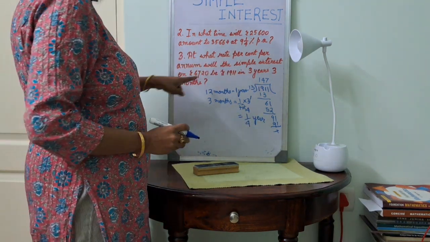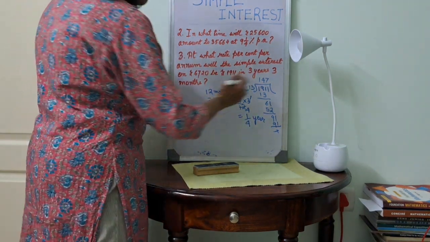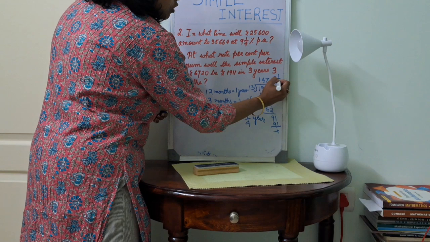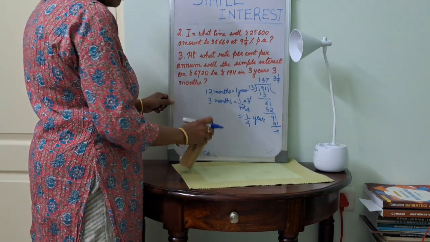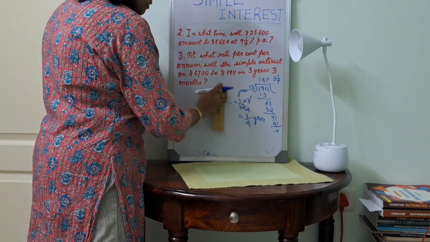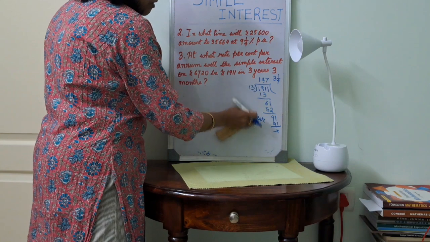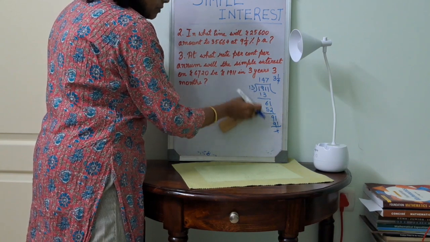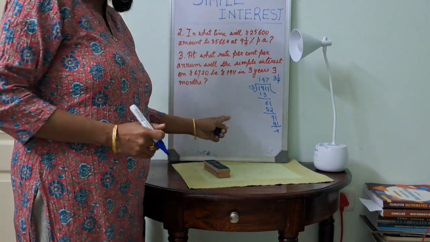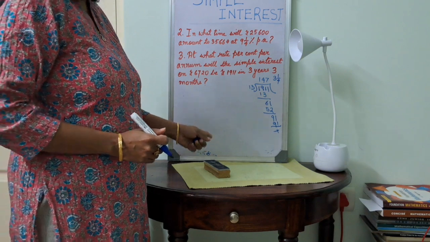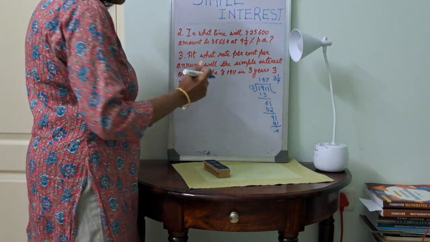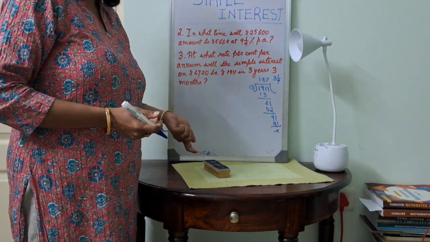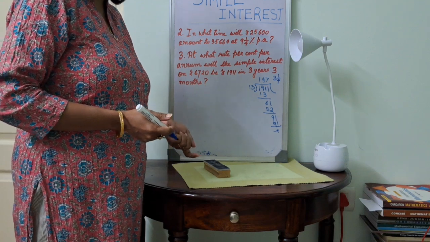So 3 years, 3 months will be 3 and 1/4 of a year, right? I hope it is clear, everyone. If not, please pause, go through the calculation again. So now we will use the formula I is equal to PRT by 100.